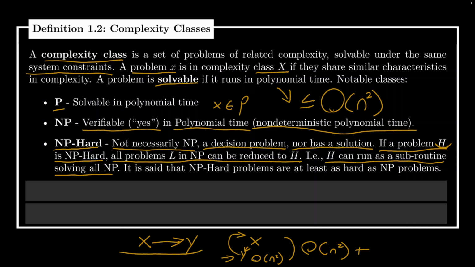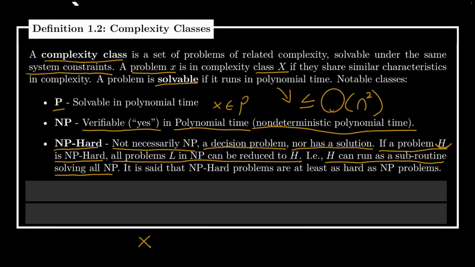Just because we have a subroutine of something doesn't mean that the runtime of that subroutine is the runtime of the whole algorithm. So remember, when X reduces to Y, that means Y can be run as a subroutine to solve X.